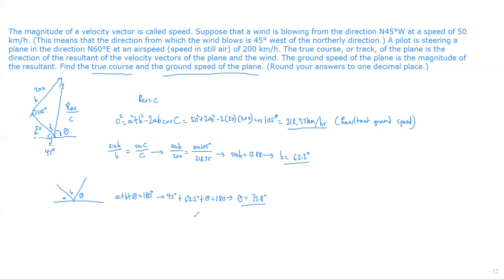So the answer, the true course is 72.8 degrees northeast. Because it's northeast, yeah, here. And that is done. You are done with the question now.